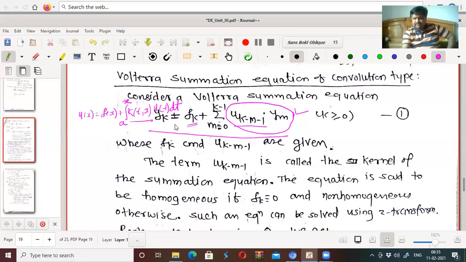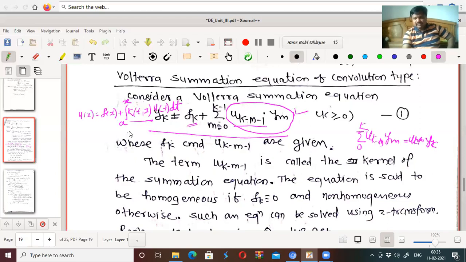Replace k by k plus 1, so that this becomes y k plus 1 equal to f k plus 1 plus summation m from 0 to k, u k minus m y m. Now this summation from m equal to 0 to k becomes u k star y k, that is the convolution of sequences u k and y k.